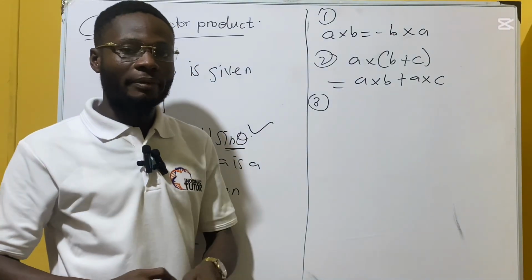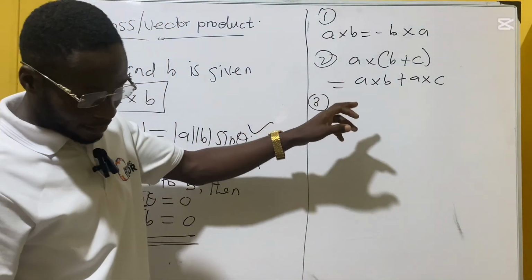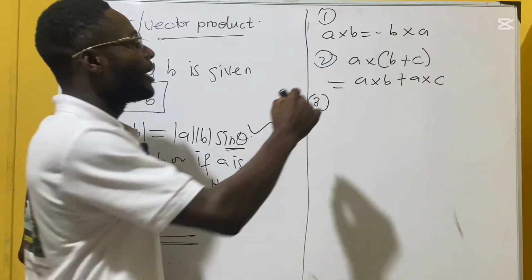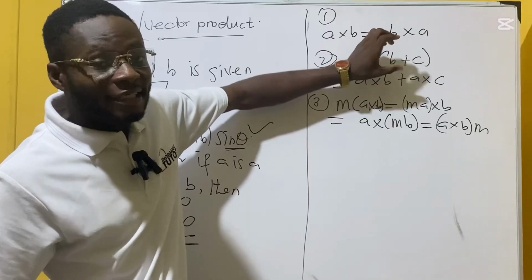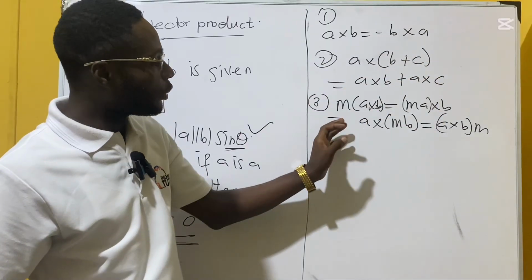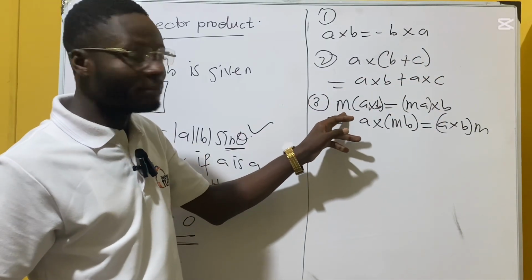The third property is, for instance, you have M multiplied by A cross B. M is basically a scalar.